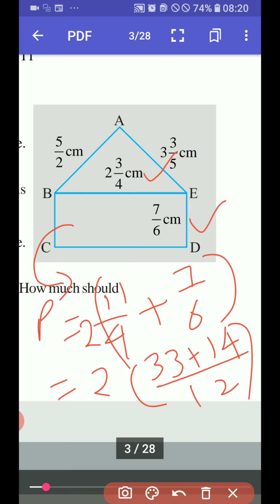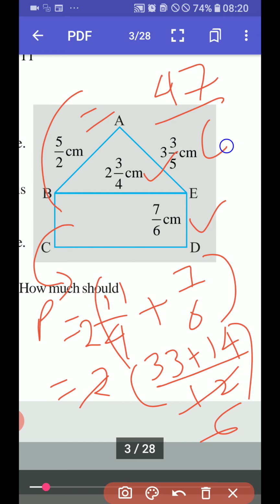You can cancel 12 by 2 and 2 times 6 is 12. Then 33 plus 14 is 47 upon 6. Now we have to compare which is greater.